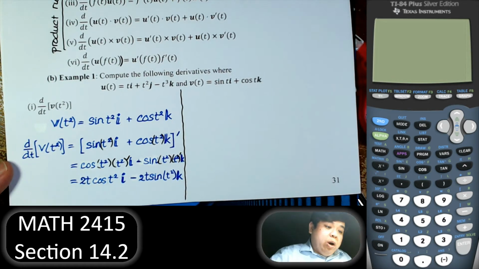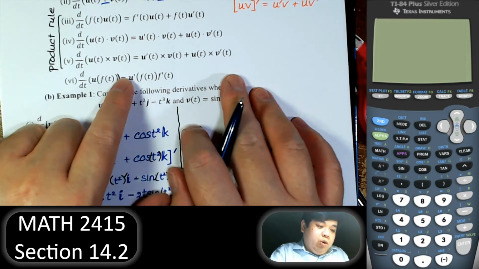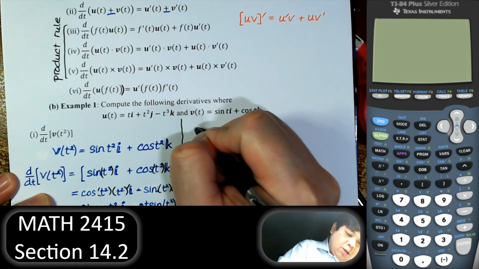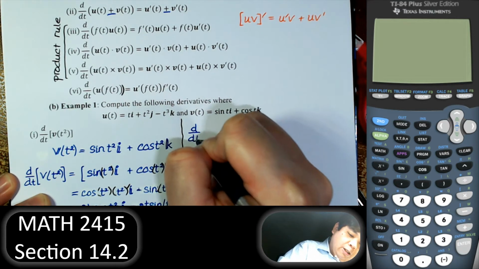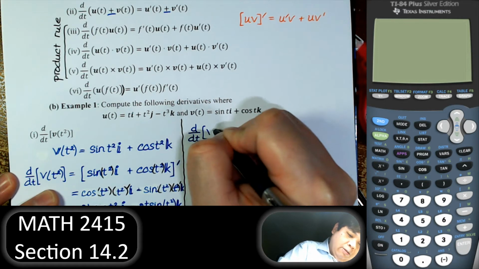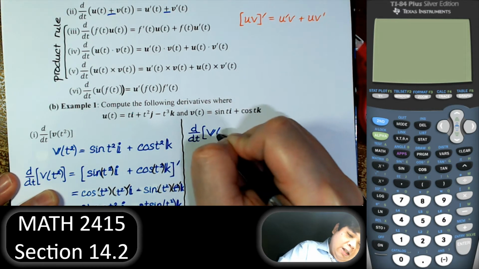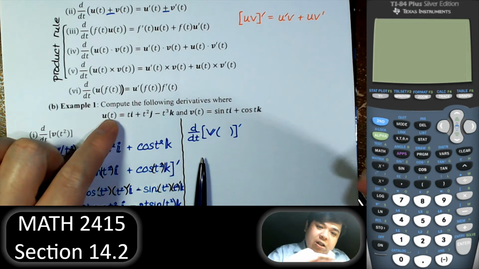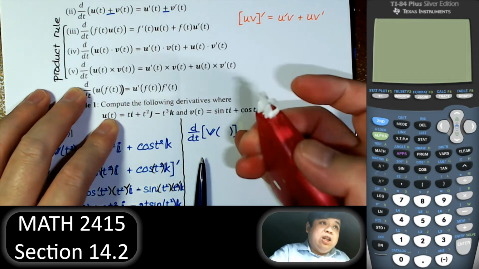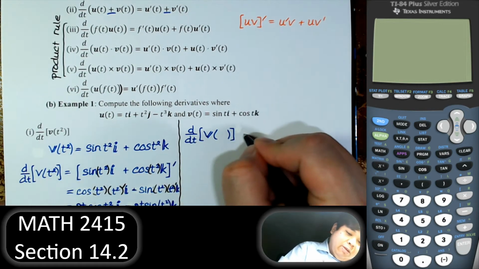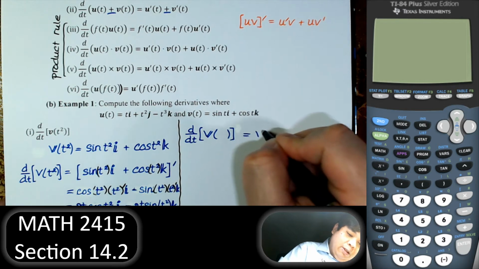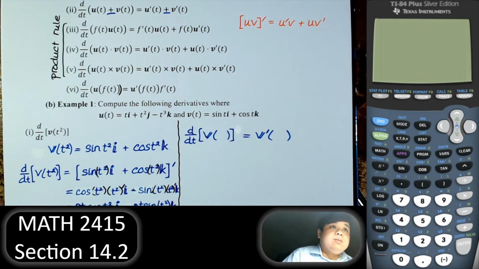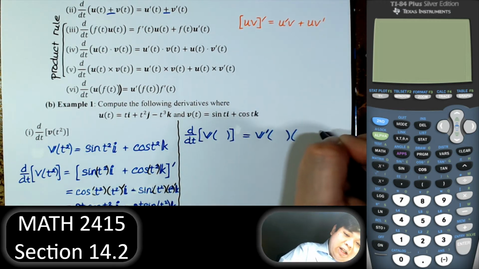Another way to do that is using the formula. We're going to do this. So the derivative of v, that's redundant. Either use the prime or use that. So the derivative of that is going to be the derivative of that, and then the derivative of whatever is inside.